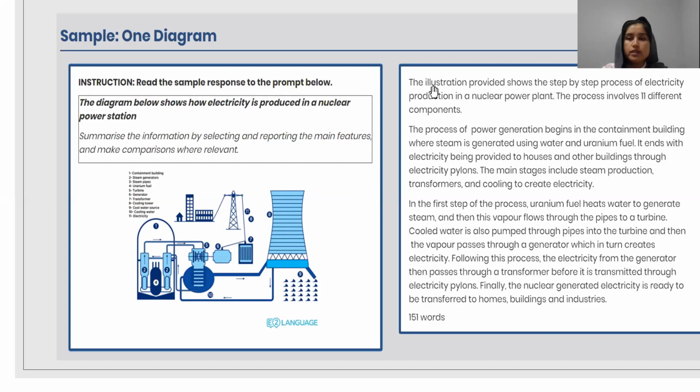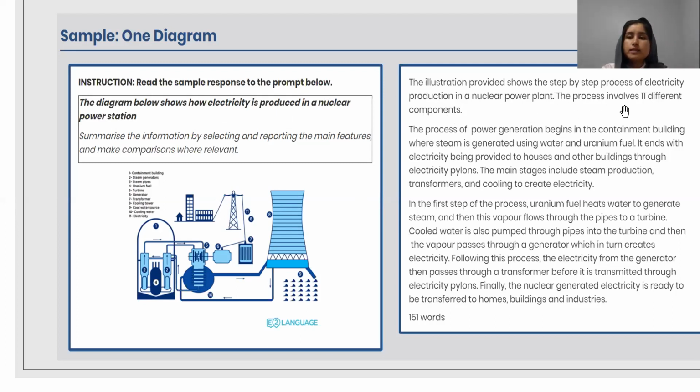The illustration provided shows, instead of the diagram, so we write the same thing, a step-by-step process of electricity production. So instead of how electricity is produced, it just paraphrases it as the step-by-step process of electricity production in a nuclear power plant. So instead of power station, we say power plant.